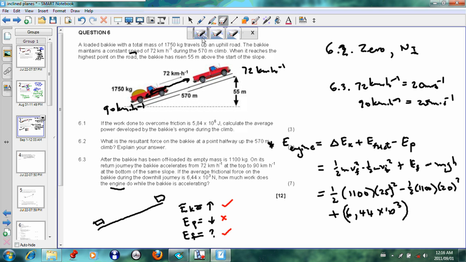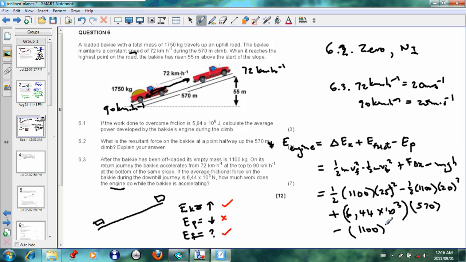We should say it is F times S, so it will be F times delta X. So your force is 6,44 times 10 to the 3 newtons, and then your distance will be 570 meters, and you'll have to subtract mgh.